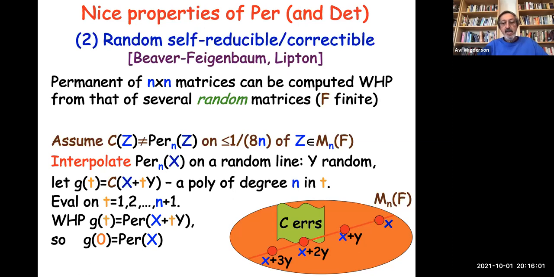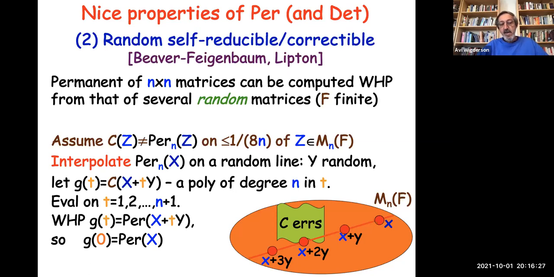The main thing is that this is a low degree polynomial, a univariate polynomial of degree n. If you can evaluate it on n plus 1 points, then you can interpolate and get the coefficients of the polynomial. And if you can get the coefficients, you can evaluate it at 0.